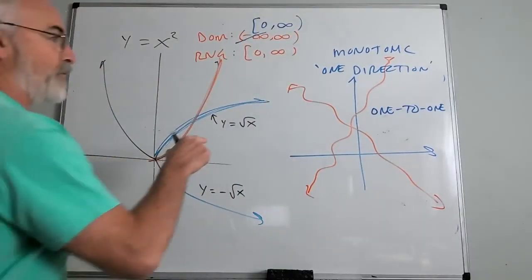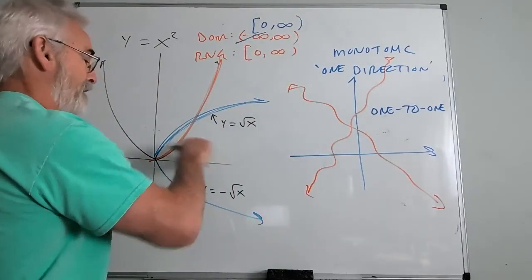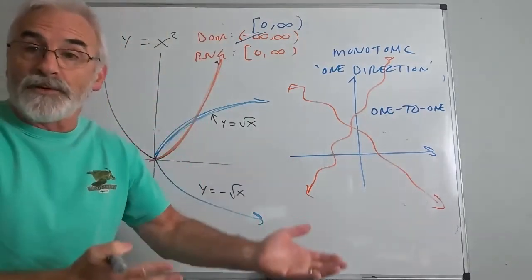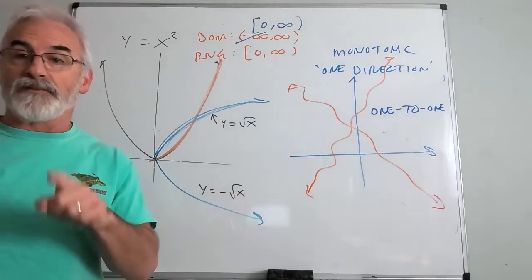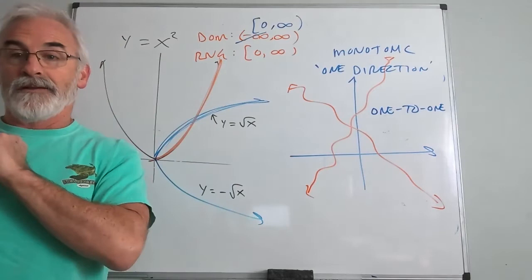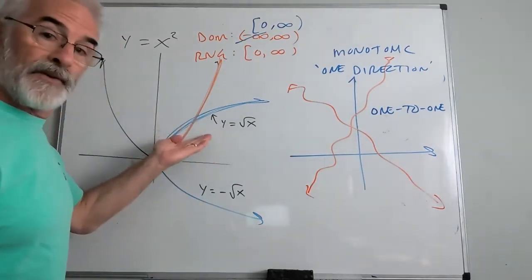Because then what would that do over here? It would restrict the range to only the top half. So this trick, that's what the square root is. It's defined to be the inverse of y equals x squared with a restricted domain. That way I can actually get something that's a function.